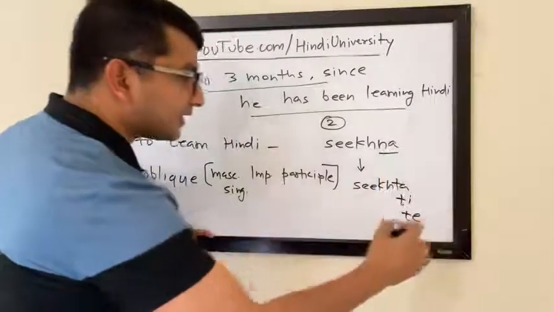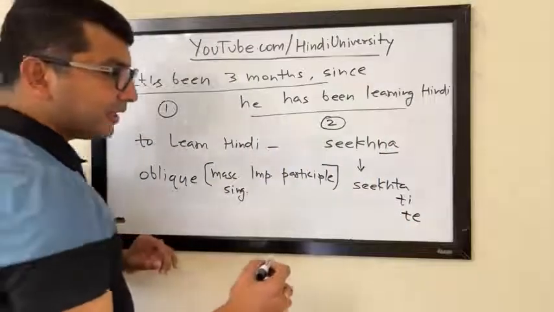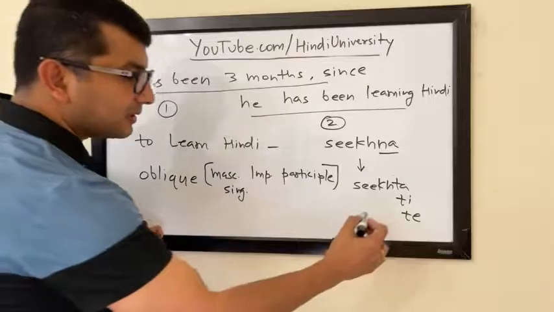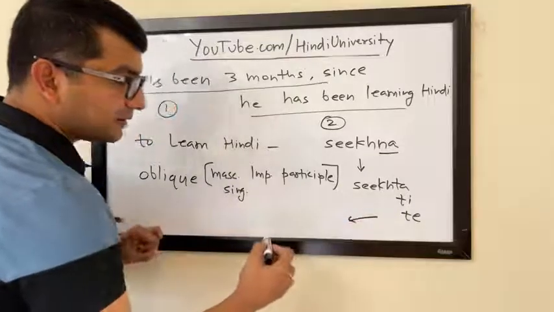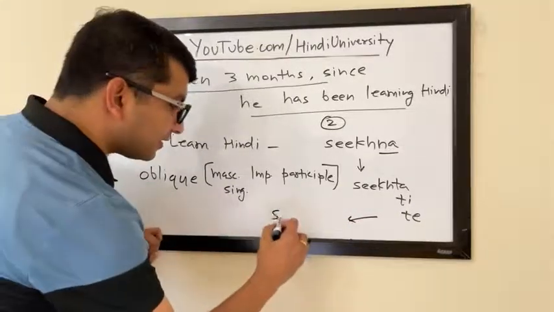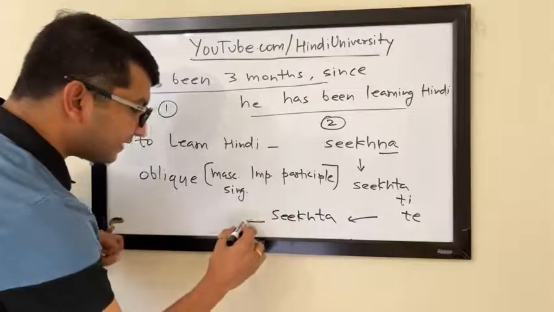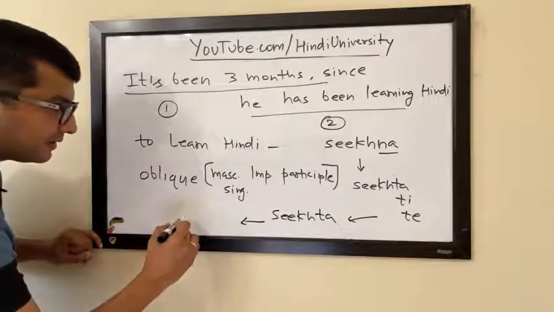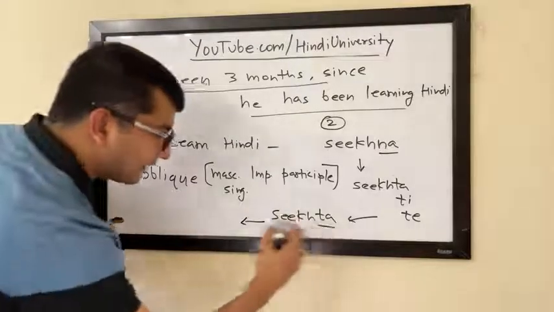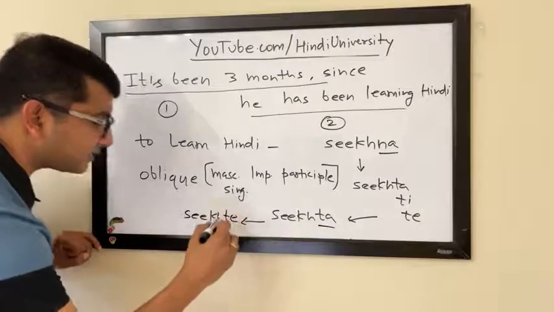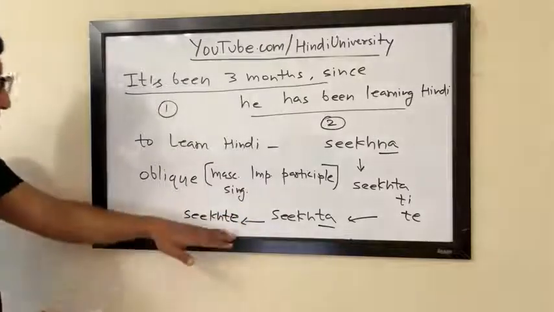Those are the imperfective participle. What is the masculine singular among these? Seekhta. Very good. What is the oblique case of it? Seekhte. Very good. So that's where we have to get to.